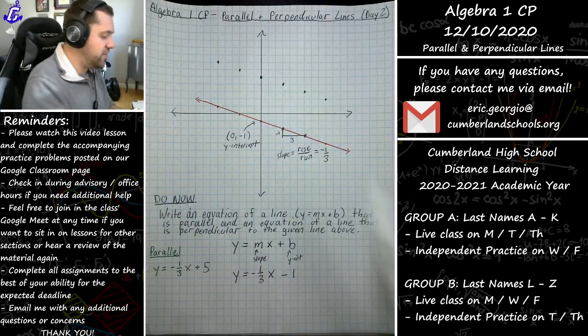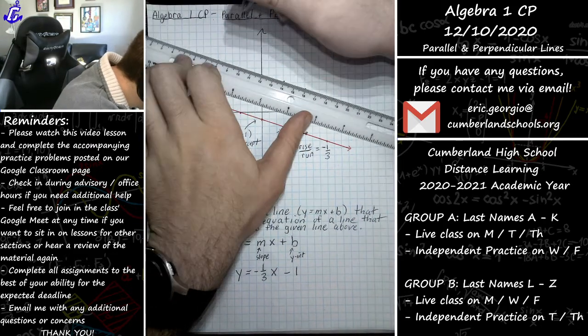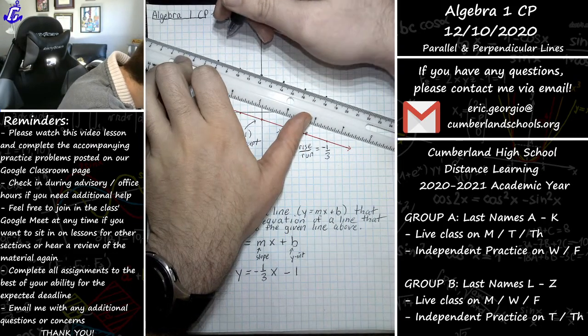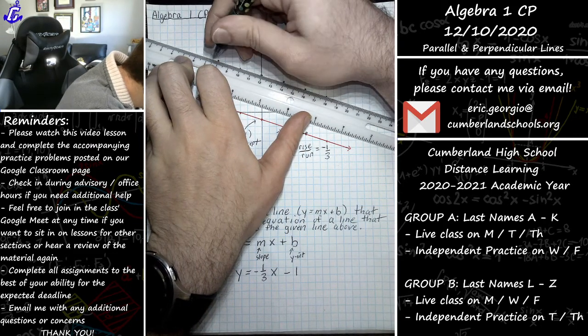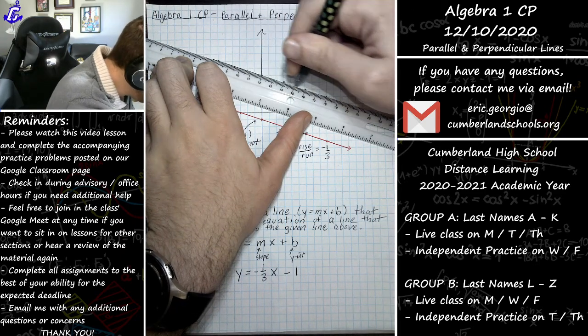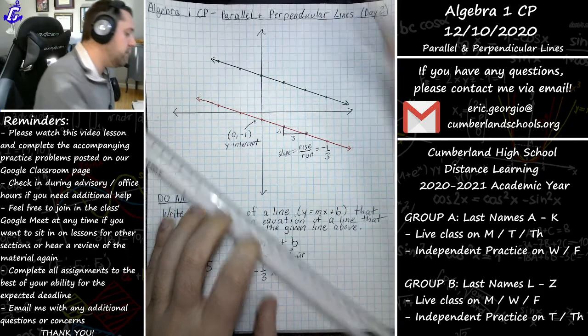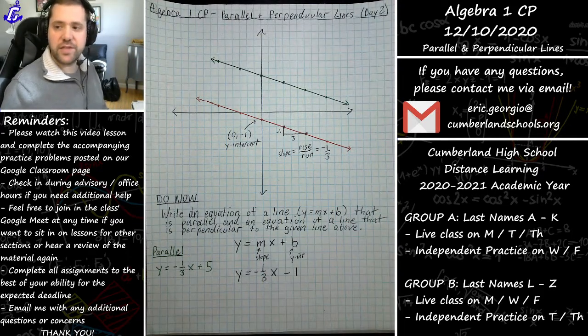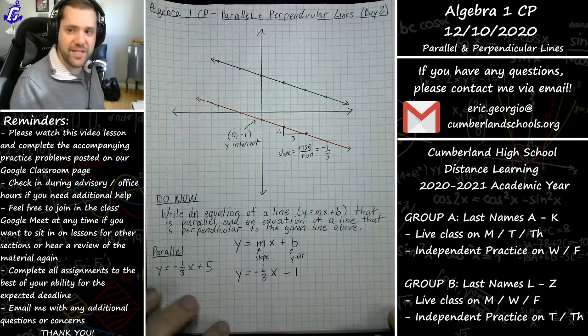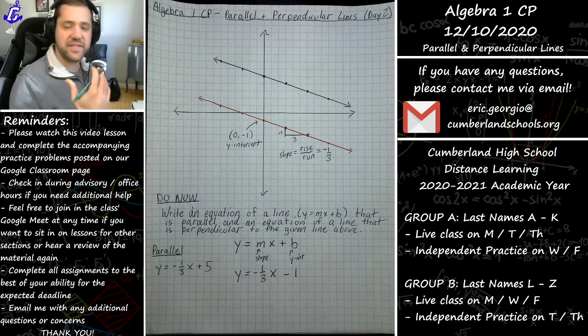Notice if I connect all these points together, like this, trying to do the best I can to draw a nice picture here, those lines are parallel to each other. They will never intersect because they have the same slope.